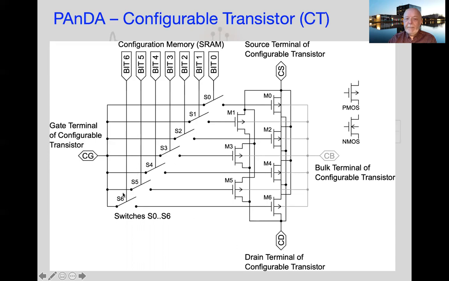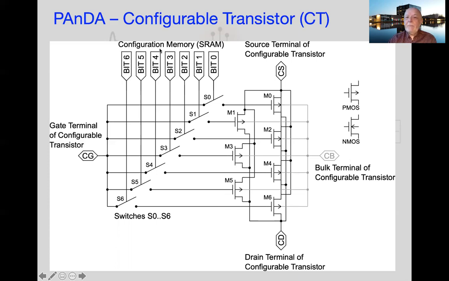Even though it's one transistor from the outside, it's actually made up of 7 transistors, M0 to M6, and these can either be PMOS or NMOS transistors. In this case, we're looking at a PMOS transistor made up of 7 PMOS transistors.